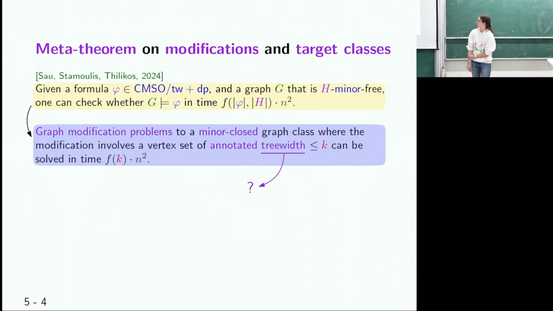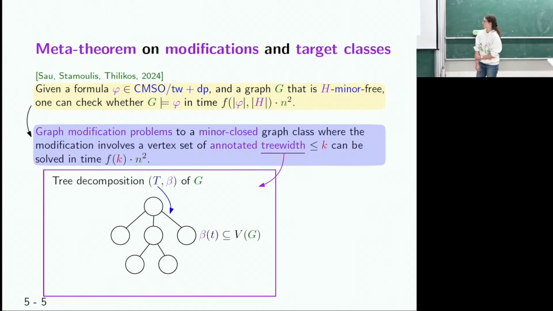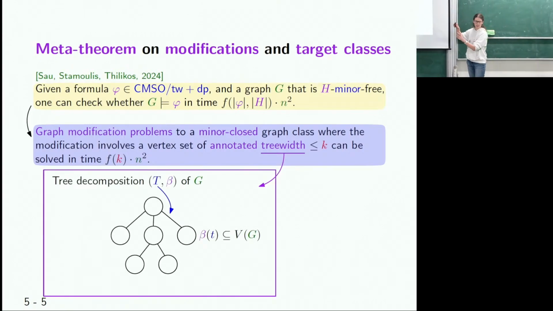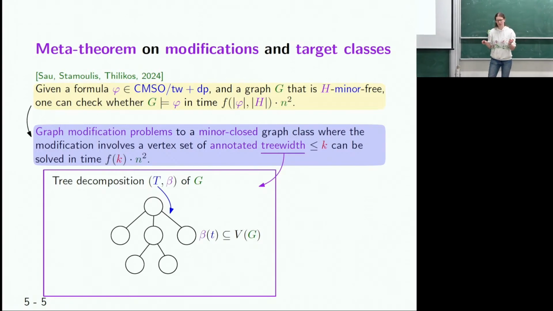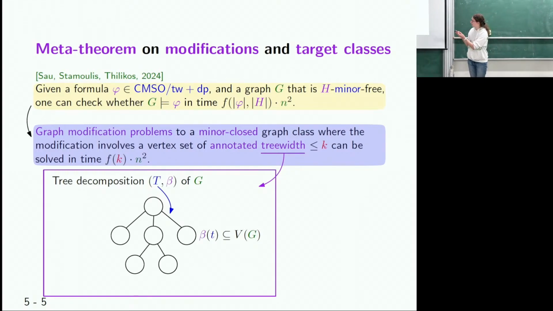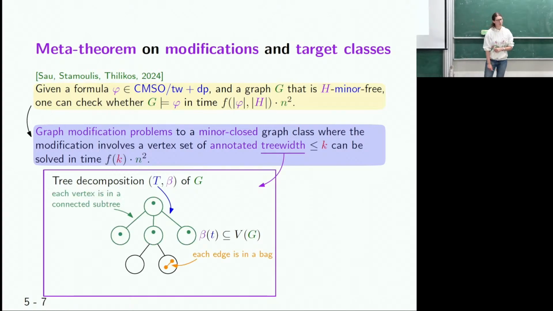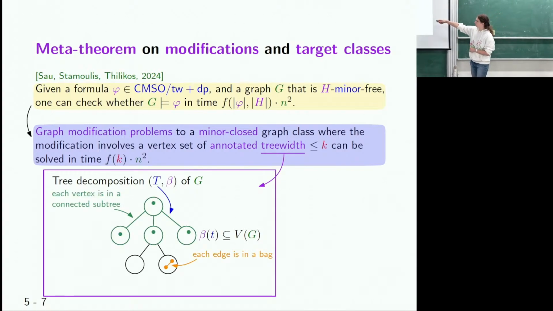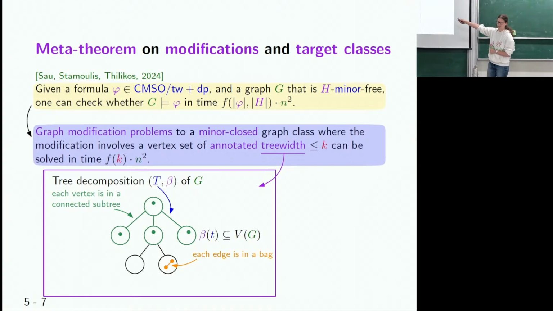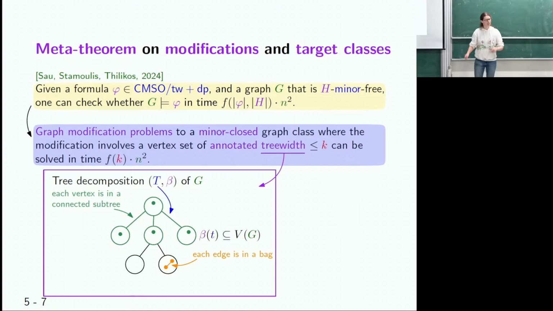So first, what is treewidth? A tree decomposition of your graph G is a tree where you map to each node of your tree a bag of vertices of the graph, such that each edge is inside a bag, and for each vertex, the bags in which it appears are connected.